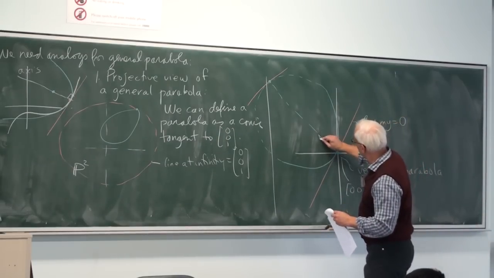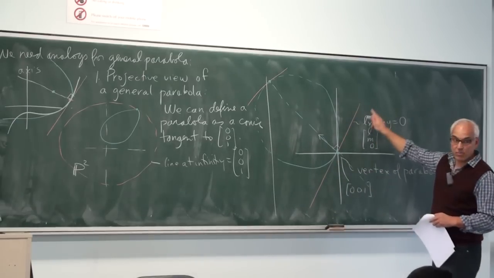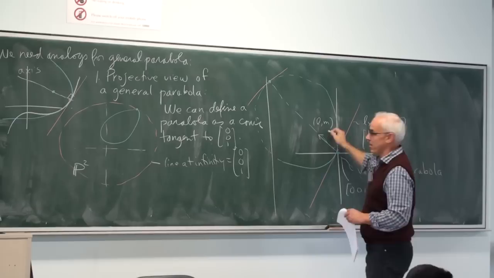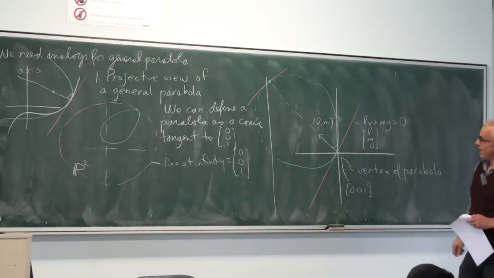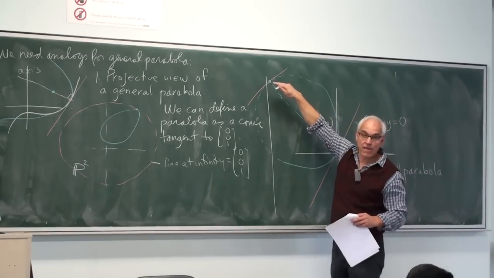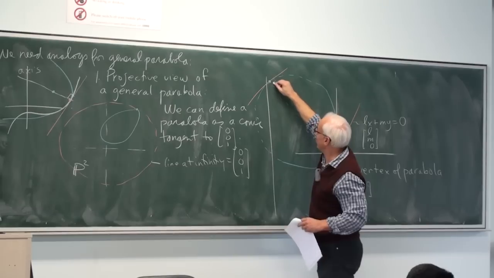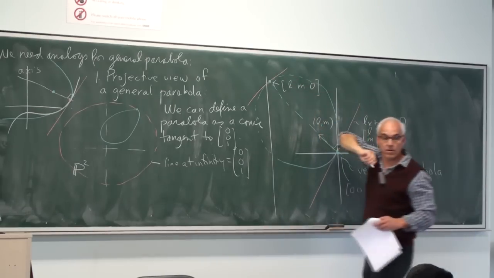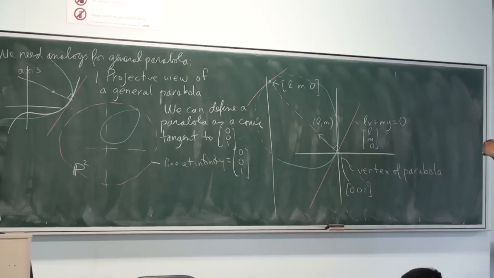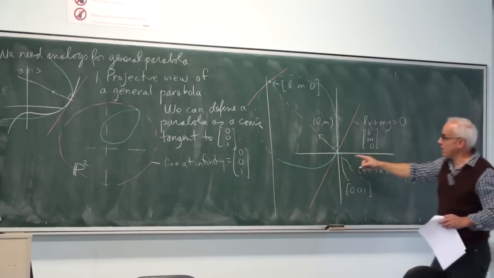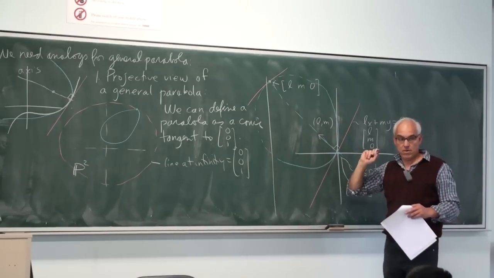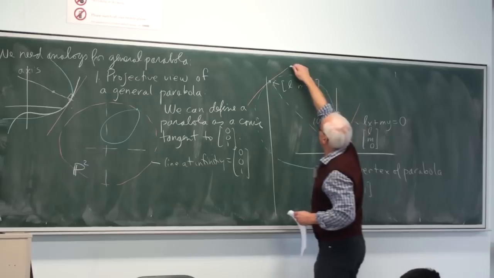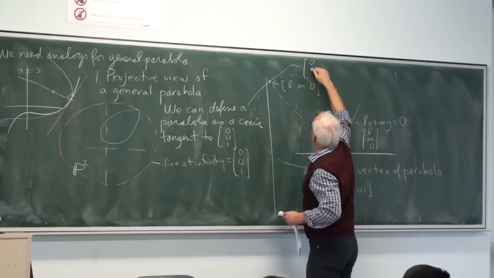This vector here will be the perpendicular vector to this line, so it will be the vector (L, M). And so the point at infinity on that line will be the point whose coordinates are (L, M, 0). It's the point at infinity on the line with direction (L, M).